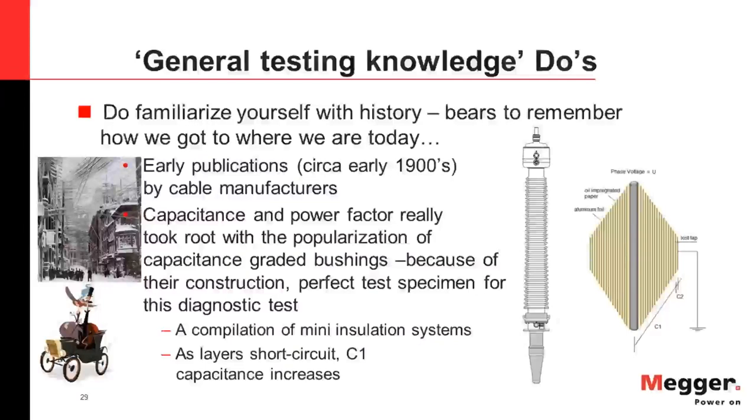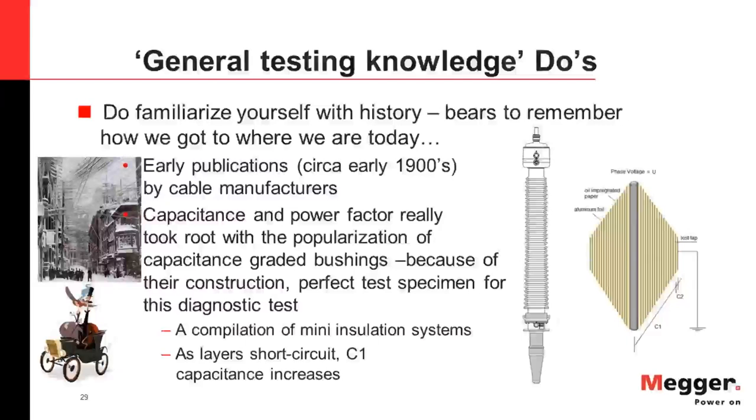There are early publications dating to the very early 1900s by cable manufacturers about power factor and capacitance testing. But capacitance and power factor testing really took root with the popularization of capacitance graded bushings, called condenser bushings back in the day. Manufacturing problems with these types of bushings weren't being consistently identified using DC insulation resistance methods.